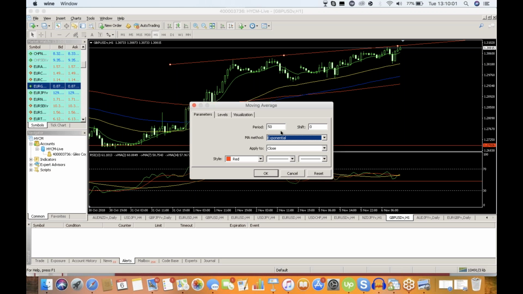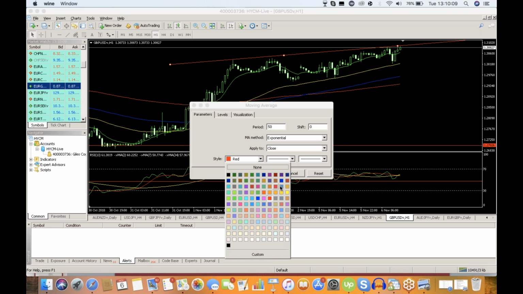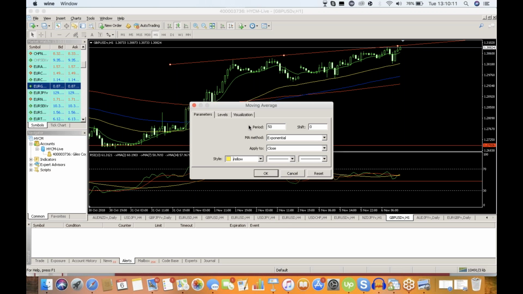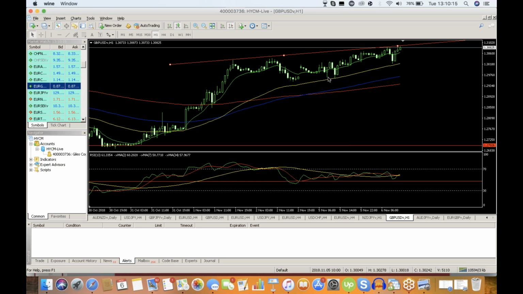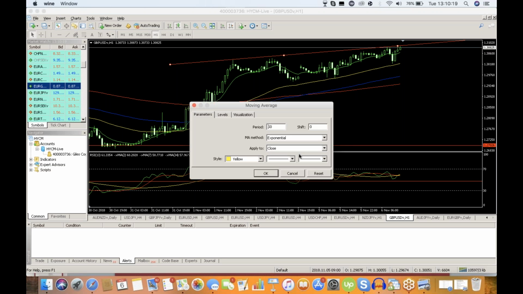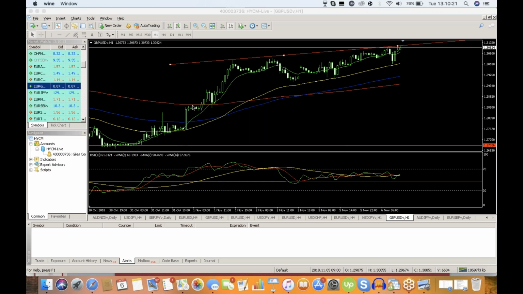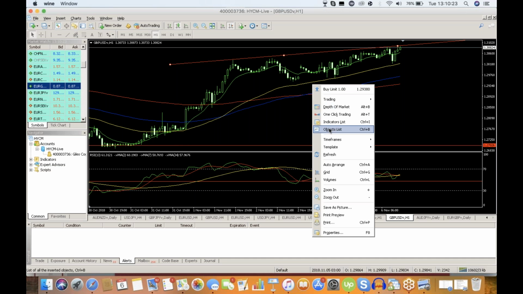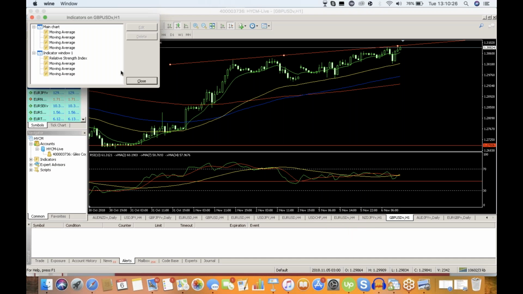So this moving average, the 50 exponential moving average, is referred to as the EMA. You then go to your color, and there I've chosen my color. And when I click OK, that is the moving average applied on the chart. Let's see if I can get rid of that, and then we'll put it in again. So there's the indicator list on the main chart.